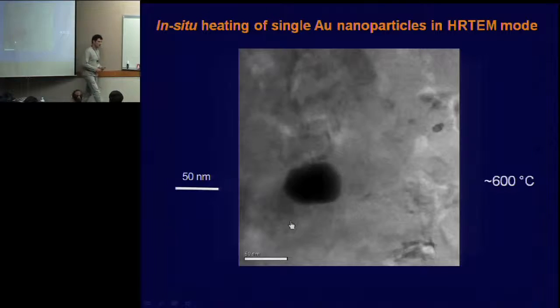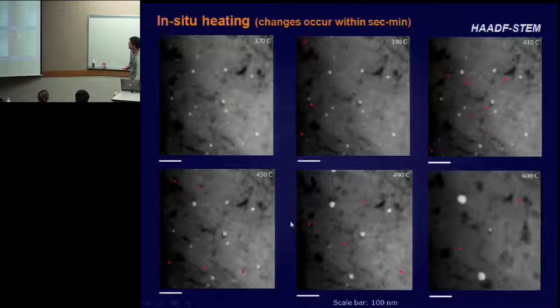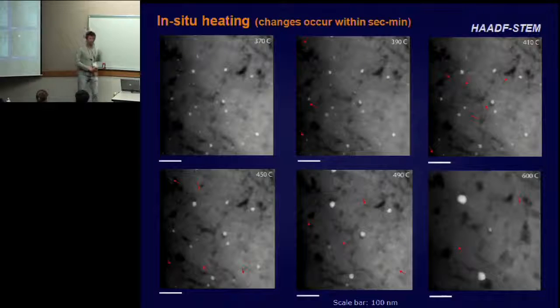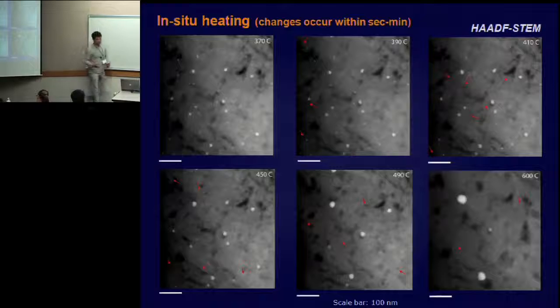Material scientists call this Ostwald ripening. As you go up with the temperature from 370 degrees to about 600, from about 110 nanoparticles, you're left with 2.5. And the volume is actually preserved.